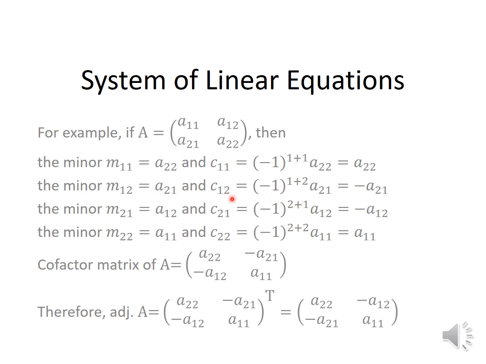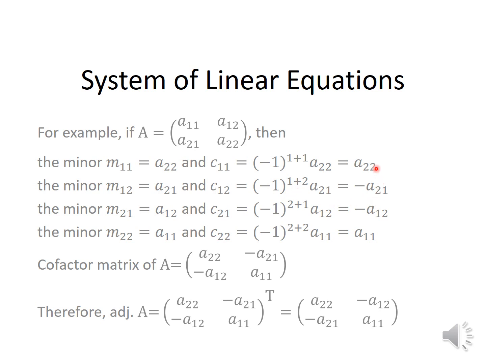So we can name the cofactor for A12 as C12, equal to negative 1 to the power of i plus j. The i is 1, the j is 2. And multiply the minor of A12. The minor of A12 is A21. And negative 1 cubed is negative.